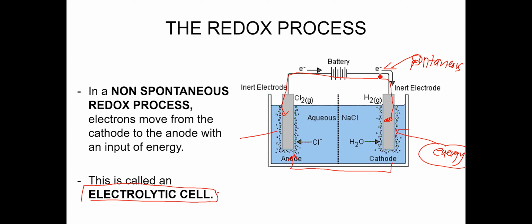Pero, kapag nag-supply ka ng energy sa buong system na yan, ang tendency is yung system naman ay babalik dun sa original state niya o ang mangyayari is the flow of electrons will go backwards. So, the electrons will move from the cathode to anode. Tandaan, pag electrolytic cell, cathode to anode ang move. Unlike naman dun sa isa, kapag spontaneous redox o dun sa mga galvanic o voltaic cells, usually, ang galawan is from anode to cathode. Okay.